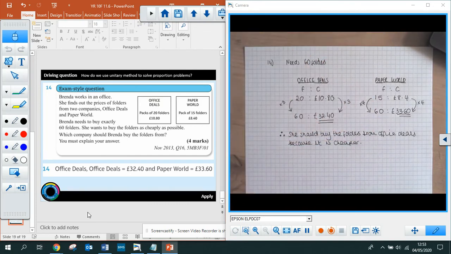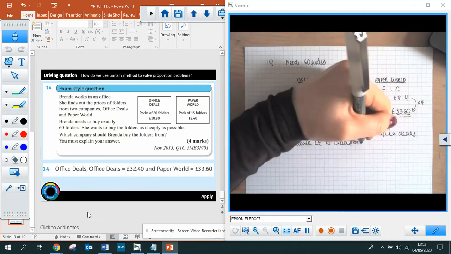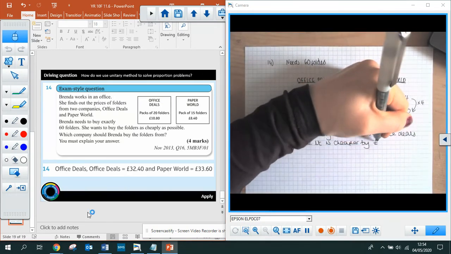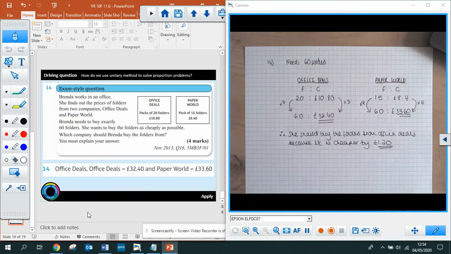And you can say, if you want to, by how much, but you don't need to, but I'm going to for this one, by £1.20. Okay, but you don't need to do that. You just need to conclude that she should buy them from Office Deals and have all the workings there.